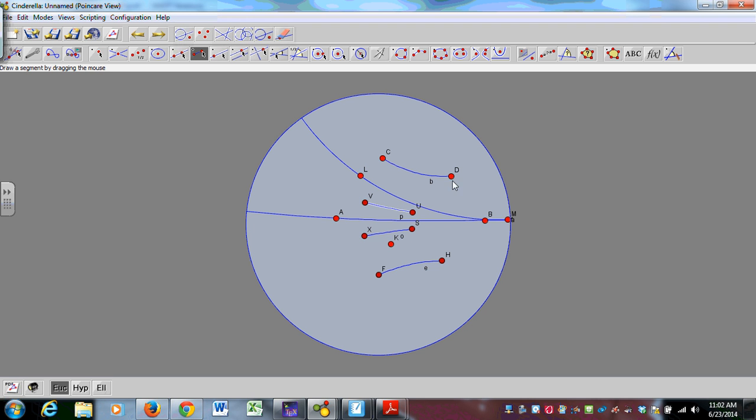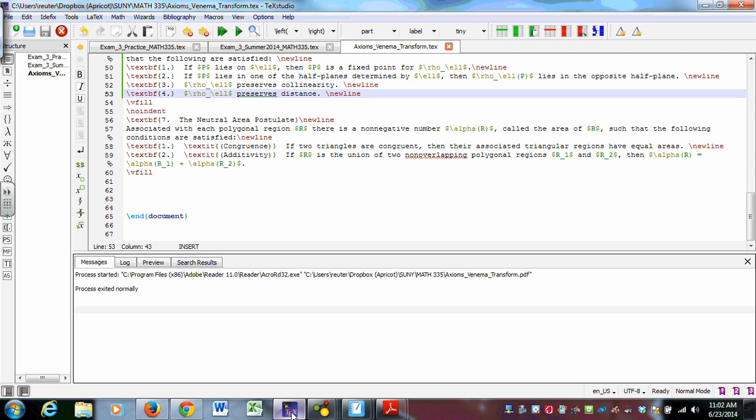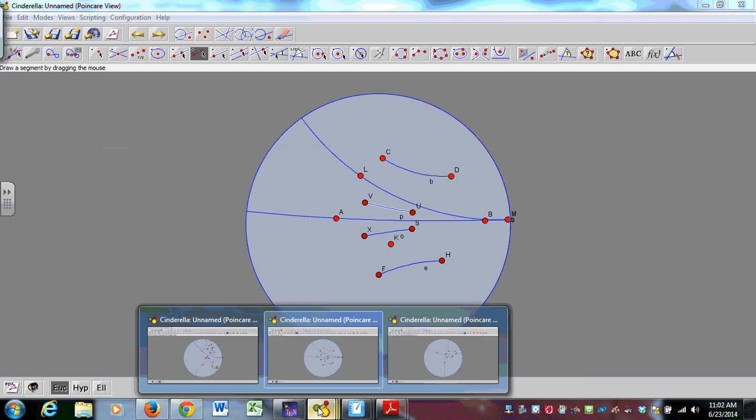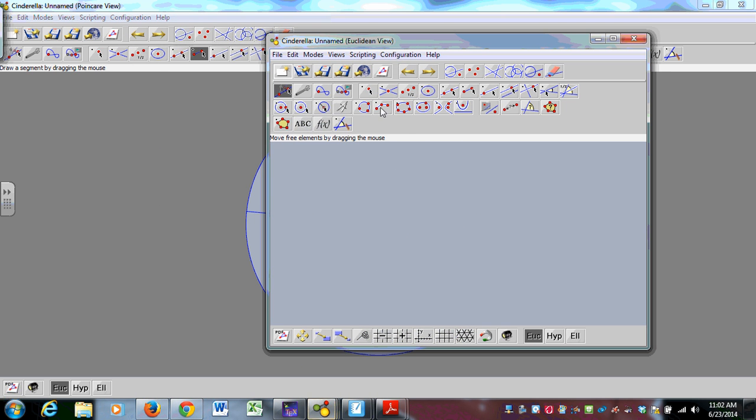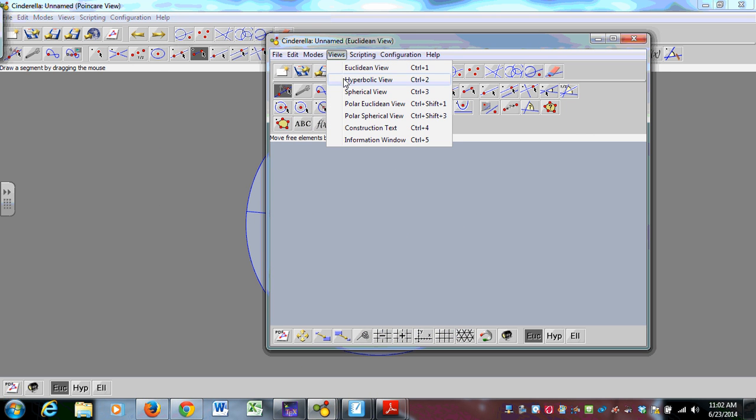CD reflected over this line and ends up, no. Did I connect them in the wrong order? Oh. Let's get a new one. It's okay. Nobody's actually watching these videos.